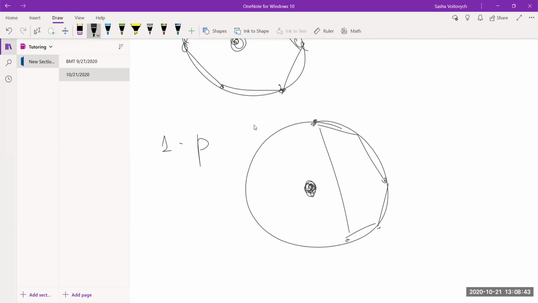So first of all, it means that there exists a diameter such that the n-gon is completely on the one side of it.